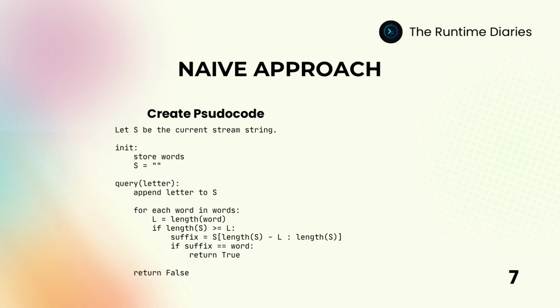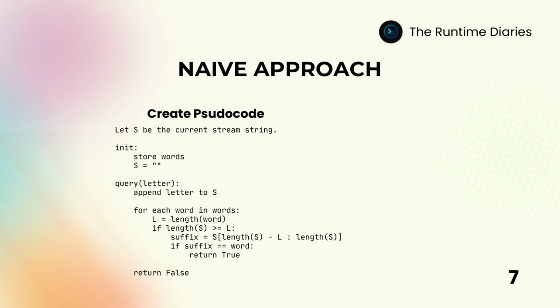When query of letter is called, append the letter to S. For each word in the dictionary, get the length of that word. Call it L. If S is at least L characters long, extract the last L characters from S. If those characters equal the word, return true. If we checked all words and found no match, return false.